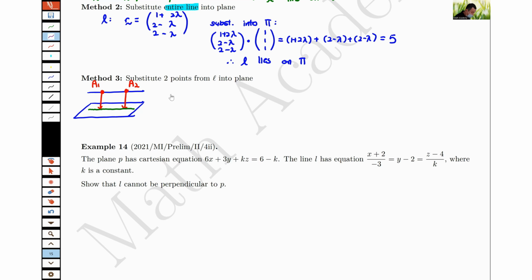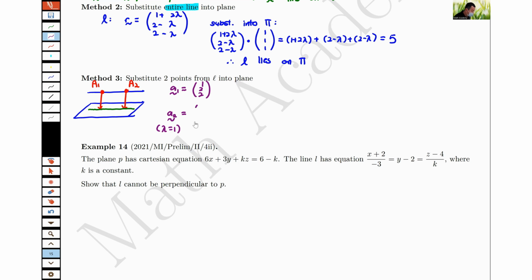So what are those 2 points? You could choose one vector first, which is the position vector. So you could take A1, for example, to be 1, 2, 2. 1, 2, 2 is on the line. It's the position vector. Or can I take another position vector such that that point is on the line? You can choose, for example, lambda to be any number you want. I can choose lambda to be 1.